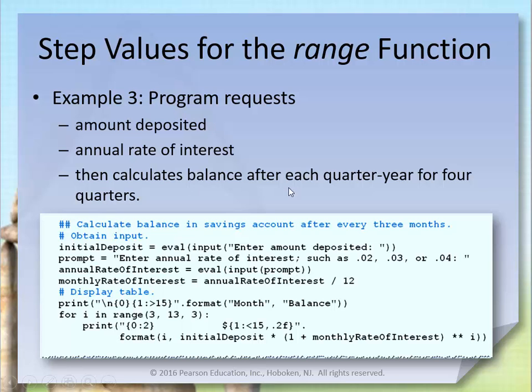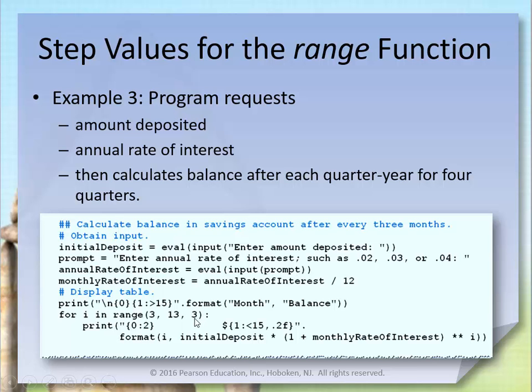Here's another example using a savings deposit scenario where you calculate the balance after every 3 months. You get your initial input, prompting from the user, and then you calculate the rate of interest. But the for loop, which is what we're interested in down here, says for i in the range of 3 to 13, step by 3.